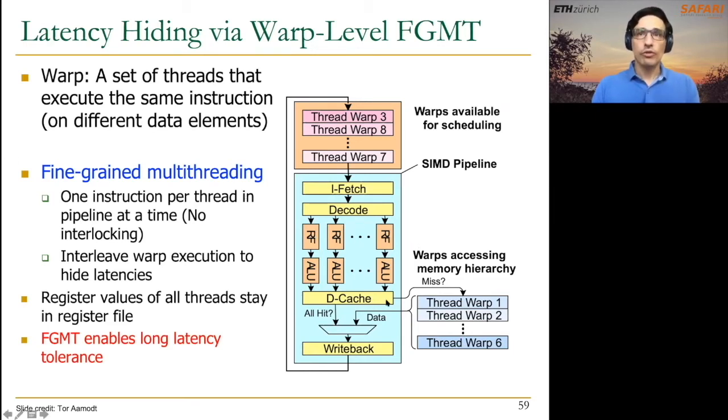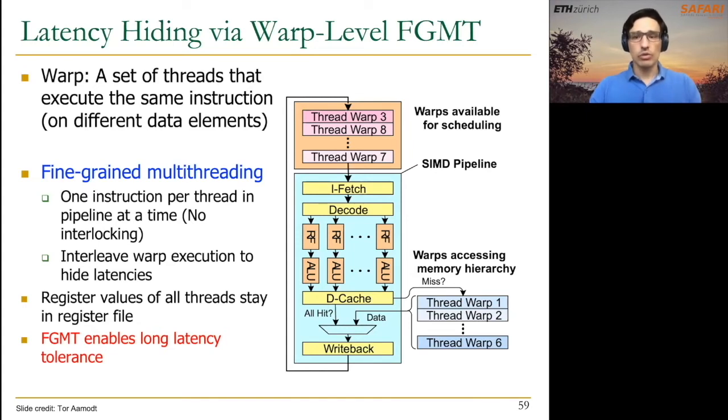So while, for example, there is a miss in this cache, so we have to go to the global memory for warp 1 or warp 2 or warp 6, we can use the pipeline in the meantime to execute instructions from other warps that are not stalled because they don't need to go to the global memory yet.